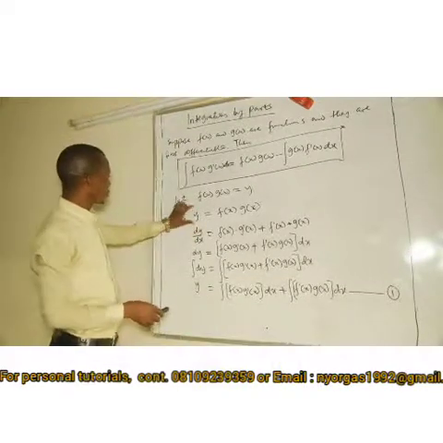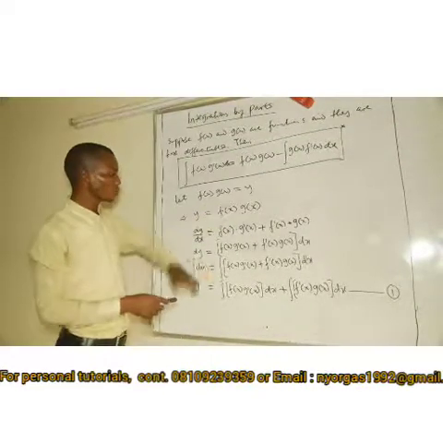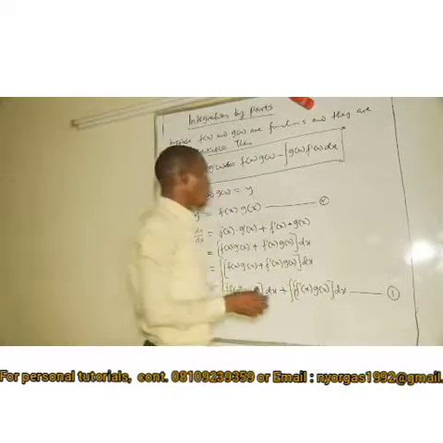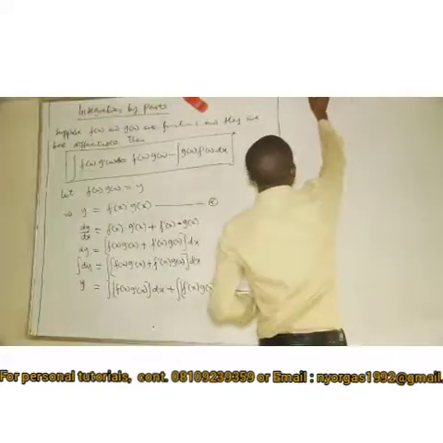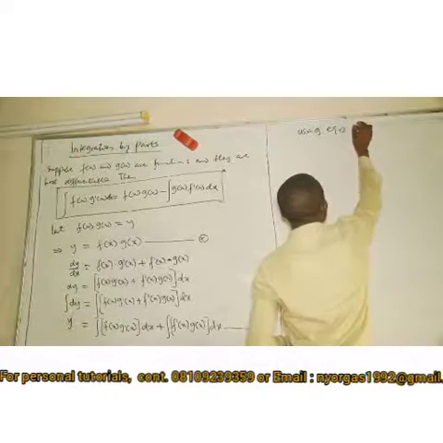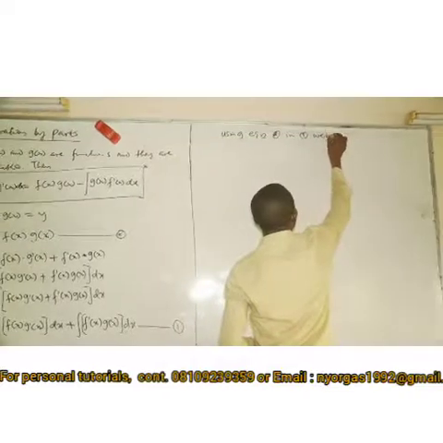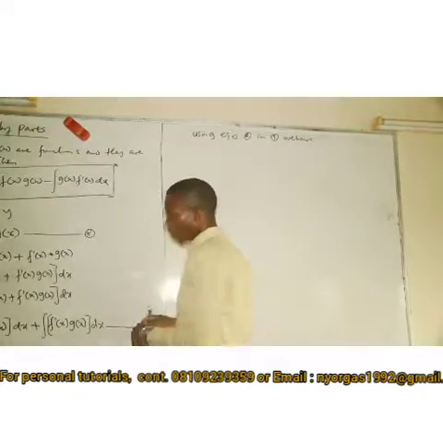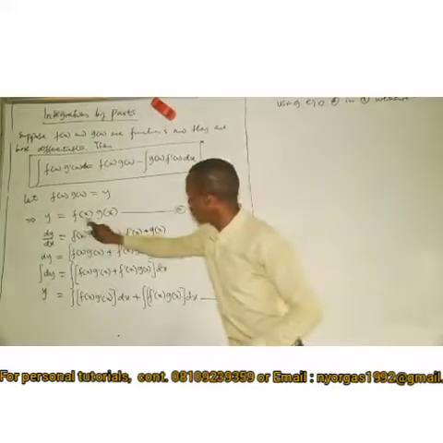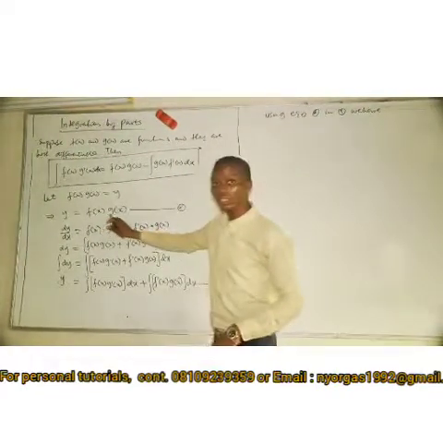But from the given problem, we have y equal to f of x g of x. Let's call this equation 2, the asterisk. Now, using the asterisk in equation 1, where you see y in equation 1, replace it with f of x g of x.